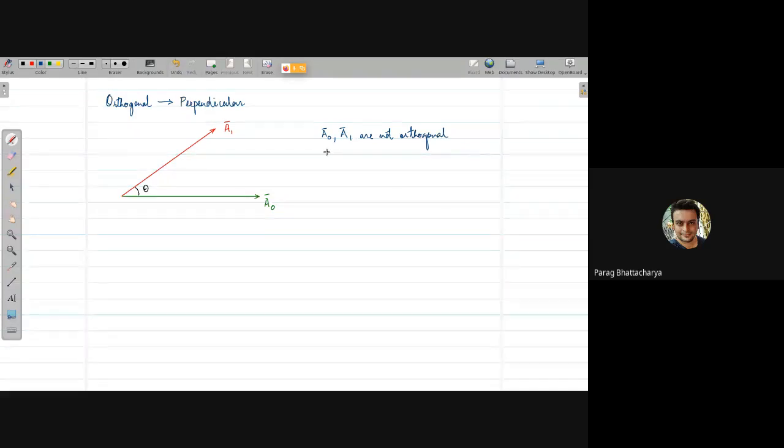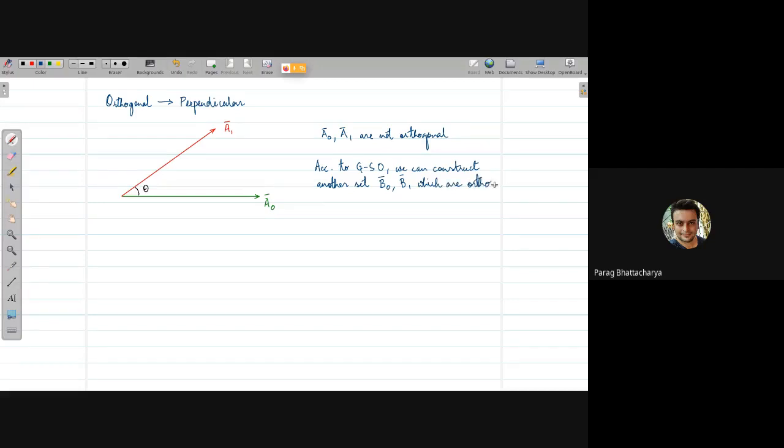But according to the Gram-Schmidt orthogonalization, we can construct another set, let's call it B0 and B1, which are orthogonal.